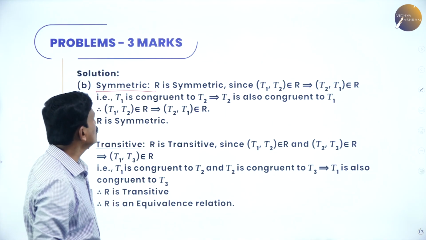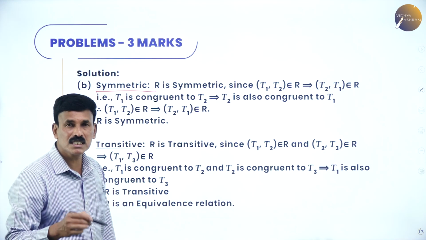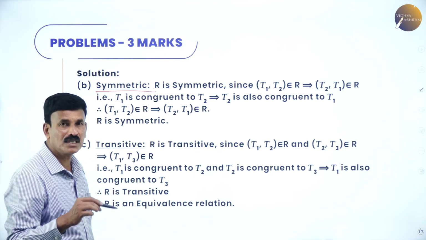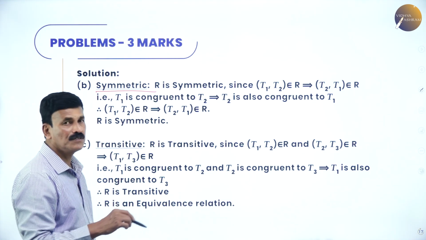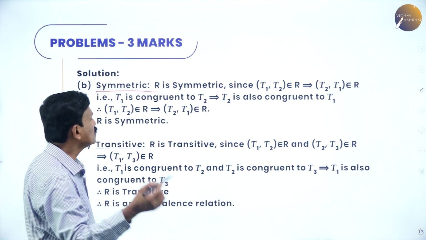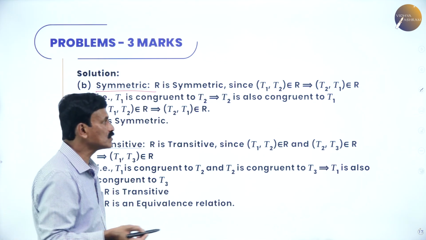Now move on to the second one, symmetric. What is symmetric? R is symmetric since if triangle T1 and triangle T2 belong to R, that means T1 is congruent to T2, definitely T2 comma T1 is also congruent.